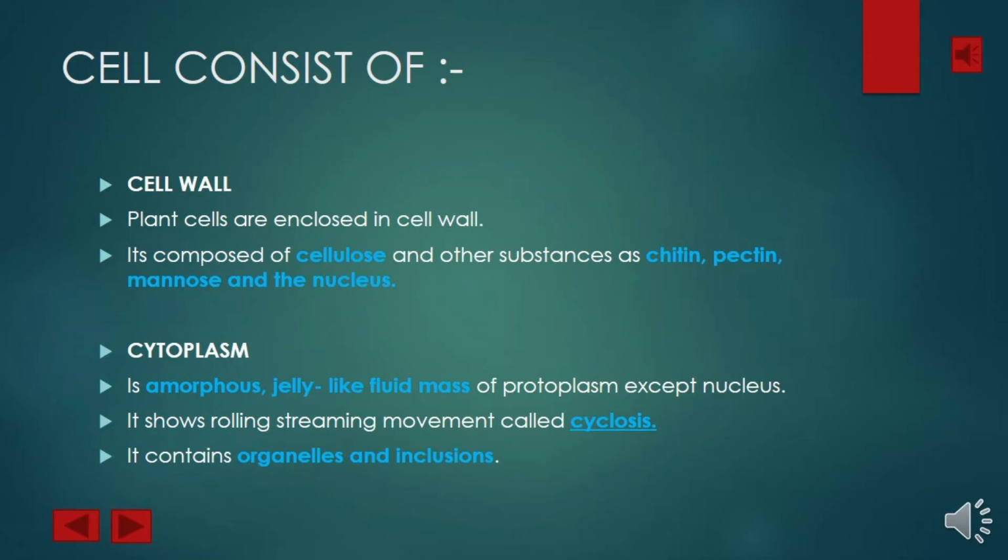But the plant cell wall is composed of cellulose and other substances such as chitin, pectin, mannose, and the nucleus. A cell wall is a structural layer which surrounds some types of cells just outside the cell membrane. It can be flexible, sometimes rigid also. It provides the cell with both structure, support and protection, and also acts as a filtering mechanism.